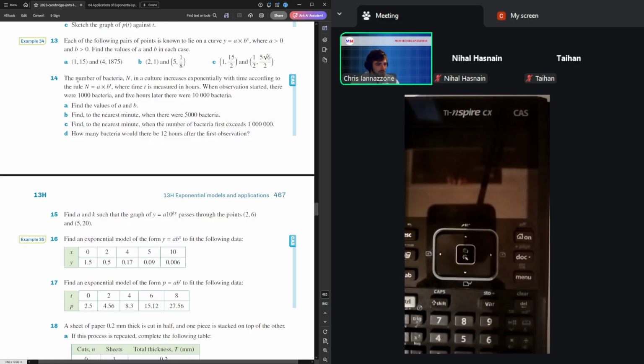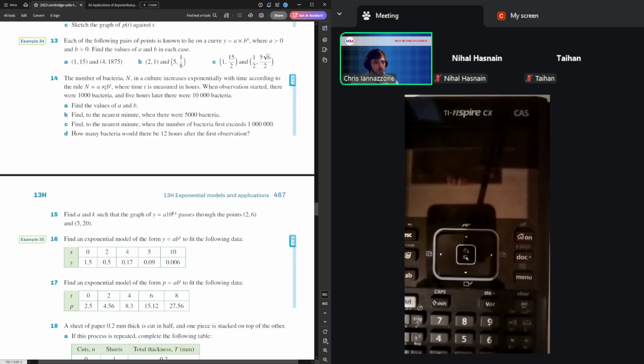Let's see. Here's another bacteria thing, but here's a bit of an interesting part. Sometimes they'll give you the generic rule they want you to use, but not really fill it out. The difference here is that they've actually given you no option for a K. They're forcing you to have a coefficient K of 1.